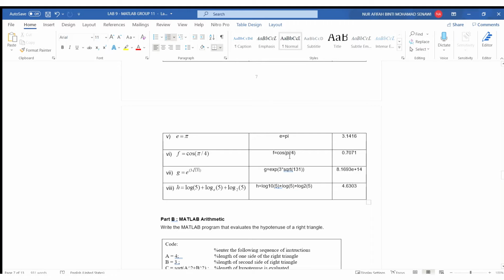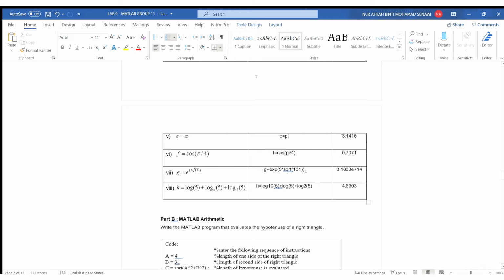And then for the expression G equals e power of 3 square root 131, as usual, the power needs to change into the brackets. So G equals exp in the bracket 3 times sqrt, which stands for square root, and 131. So the answer is this one.